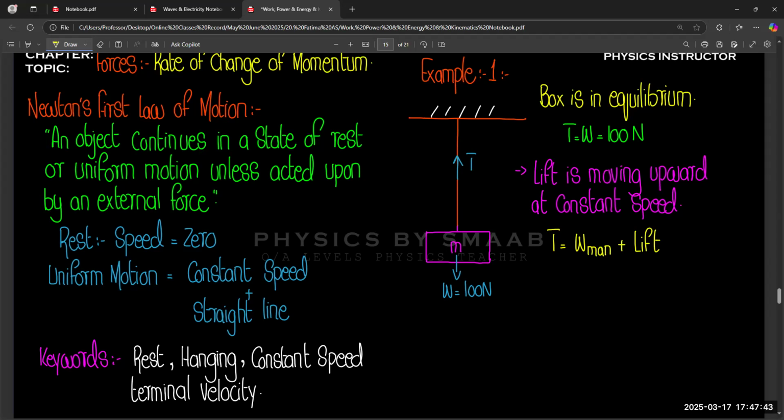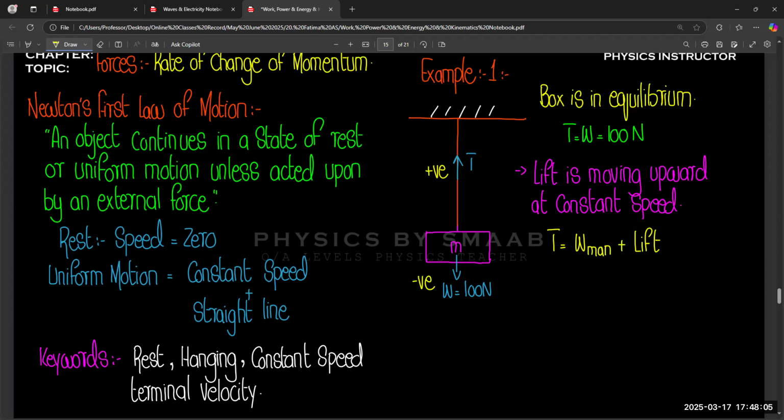So if you consider this one as positive, this will be negative. So when we add them, basically because of the opposite sign, they subtract each other. Okay, so this is a simple example, example number one.